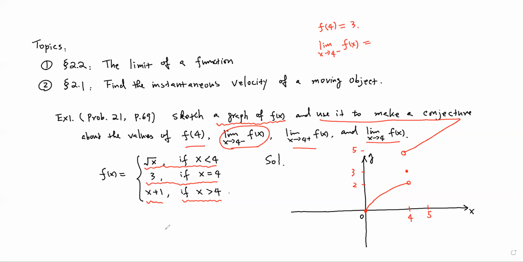To answer this question, let me take X on the left side of 4, say pick X. The height of the graph at X is the function value at X. As X approaches 4, this height will approach the height of this open dot.